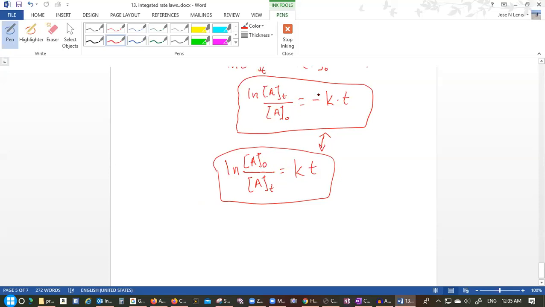Sometimes you see this in some textbooks, sometimes you see this, it's the same. Just don't forget here you have negative and you need to apply that negative when you're plugging in your numbers. I personally try to avoid the negative, and I like to use this one.